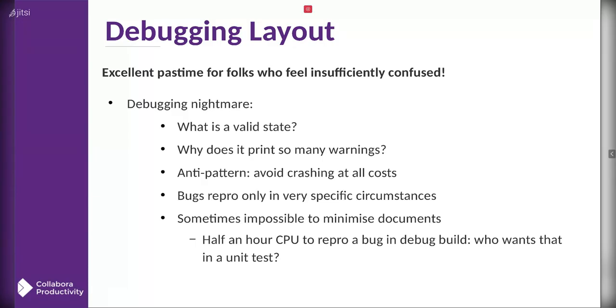And these first two points, I think, are the consequence of an anti-pattern that is basically spread all over the layout and text formatting code, which is that it tries very hard to avoid crashing. So if it wants to access some object that it really needs to do its job, and the object is a null pointer, then it just ignores that and continues.